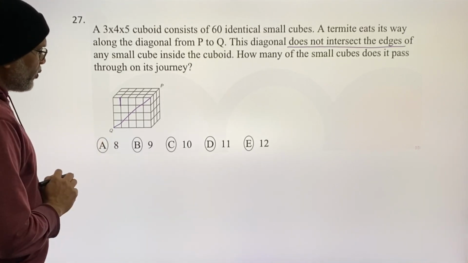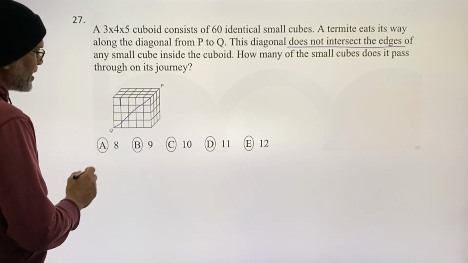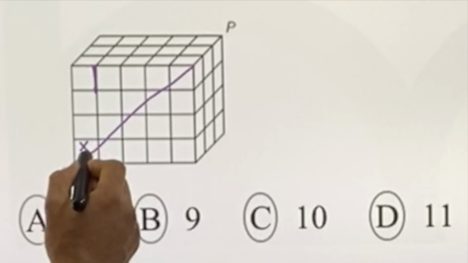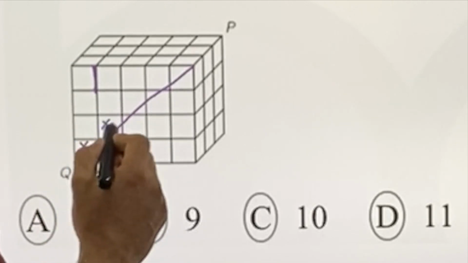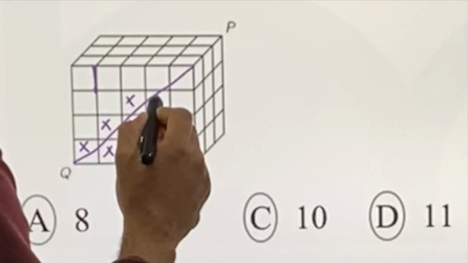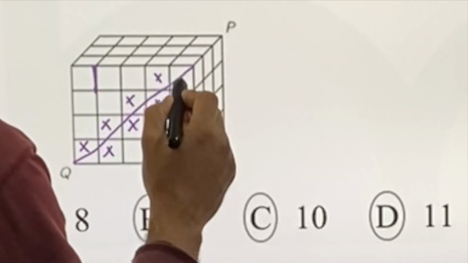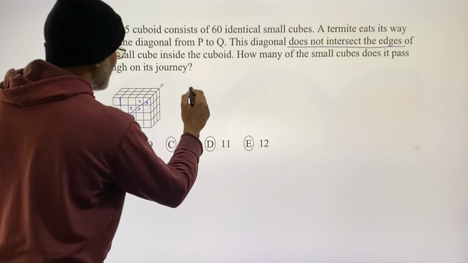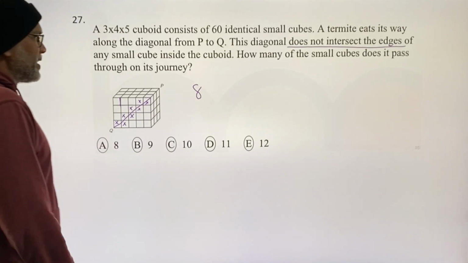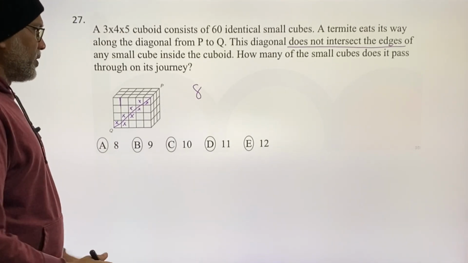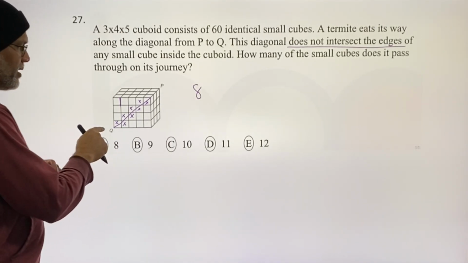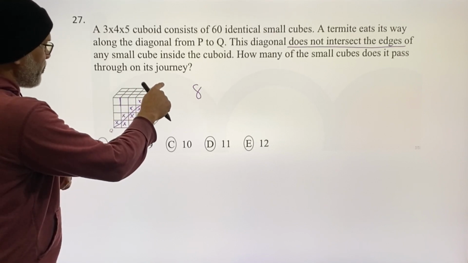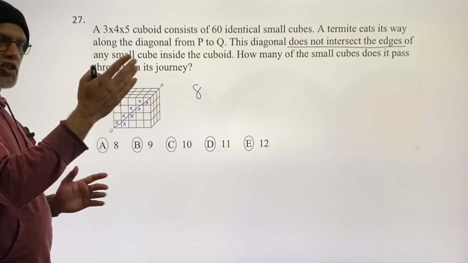Now in this view, how many cubes is it passing through? This is 1, 2, 3, 4, 5, 6, 7, 8. All right. So it is passing through 8 cubes. But in reality, it's going from P to Q or Q to P, doesn't matter. It's a straight line.